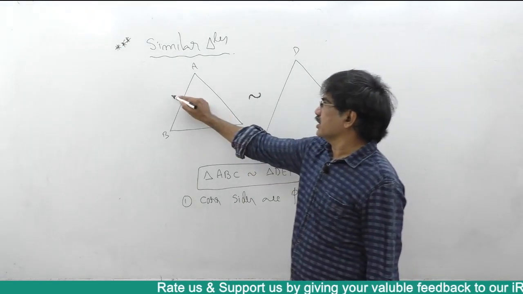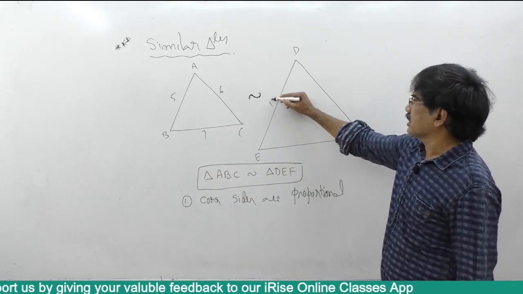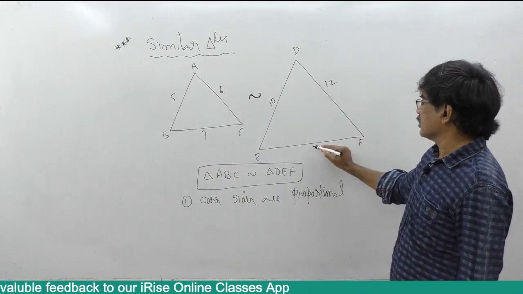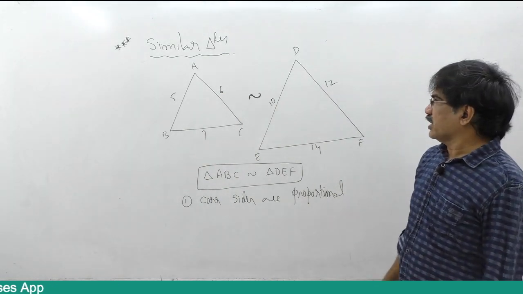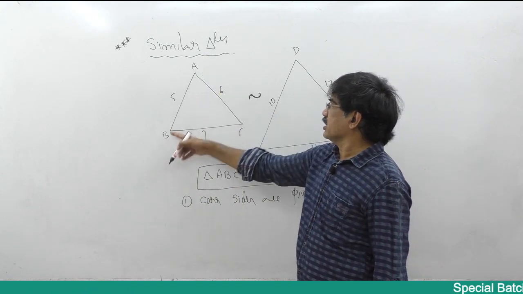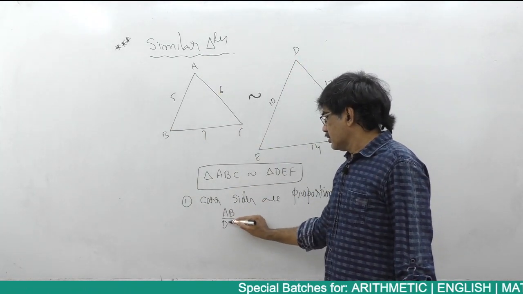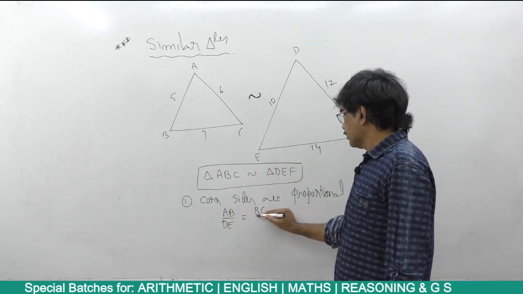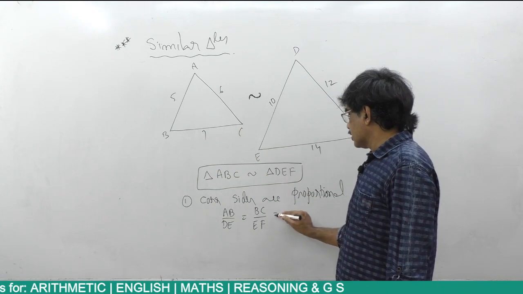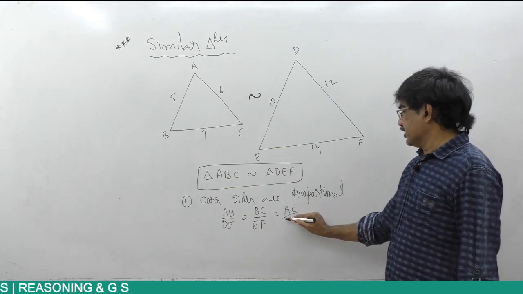If this is 5 centimeters, this is 6 centimeters, this is 7 centimeters, and these are 10 centimeters, 12 centimeters, 14 centimeters, the corresponding sides are proportional. AB by DE is the same as BC by EF is the same as AC by DF.